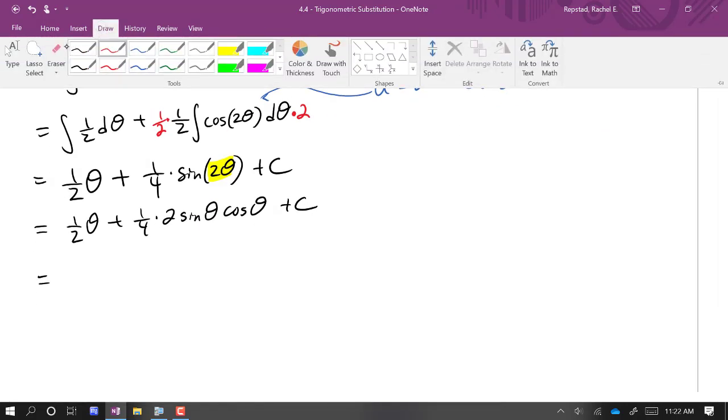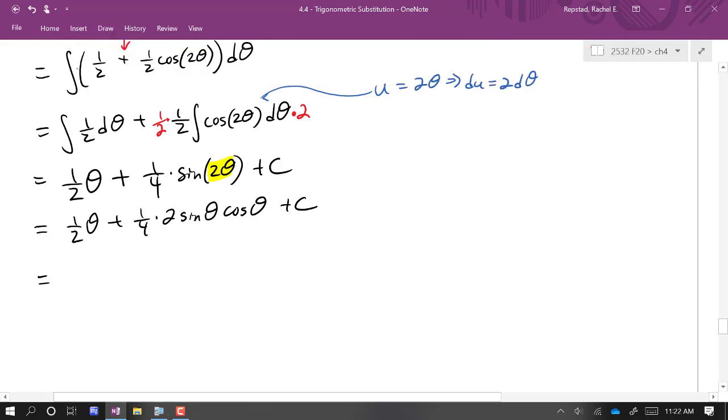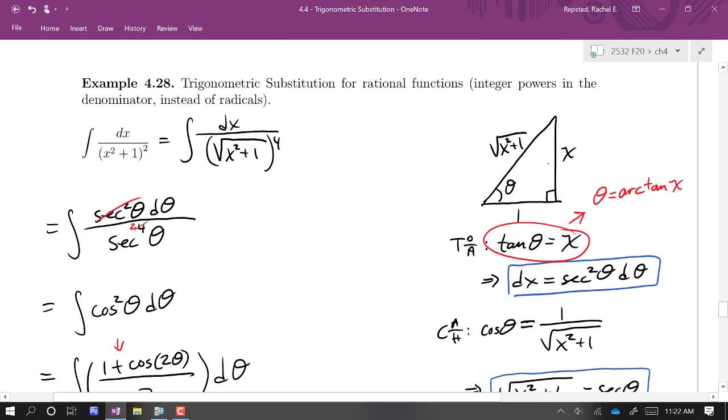So we have 1/2 arctan x. One quarter times 2 is 1/2. Sine theta is x over the radical, and cosine theta is 1 over the radical. I'm just using SOHCAHTOA with that right triangle that we have.